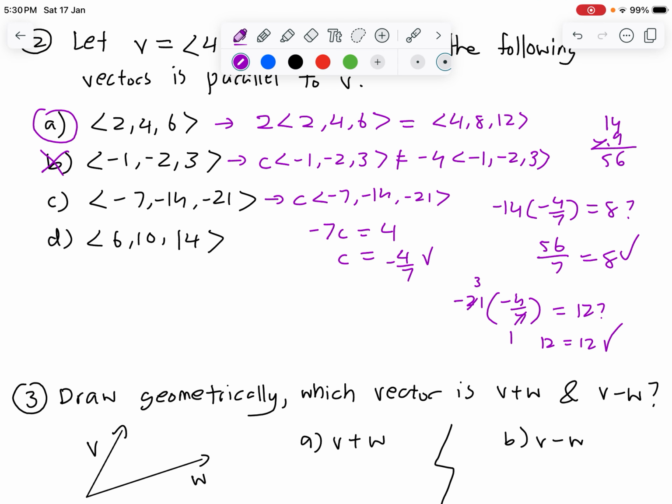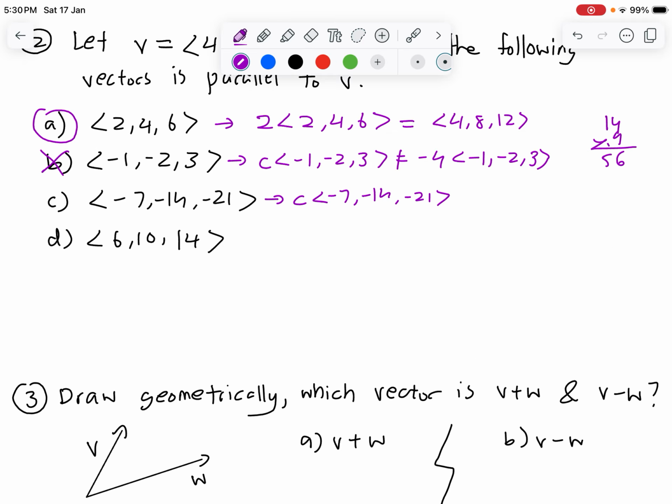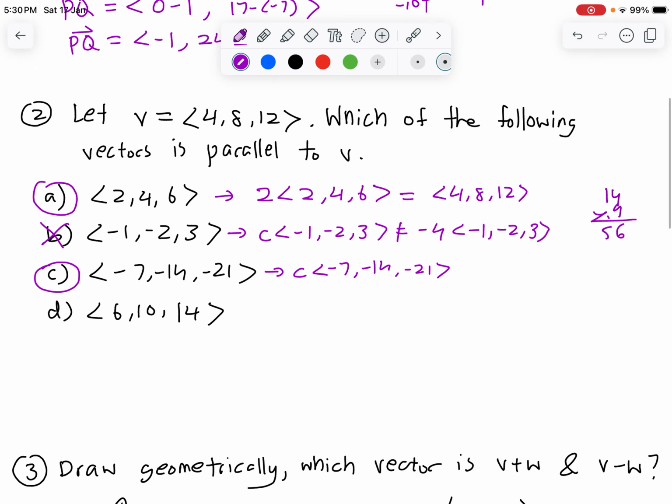And hey, we got all our answers the same. And so our answer is yes, it is parallel. This is parallel. But notice that it's all negative numbers, and so therefore this is parallel, but it is the opposite direction.